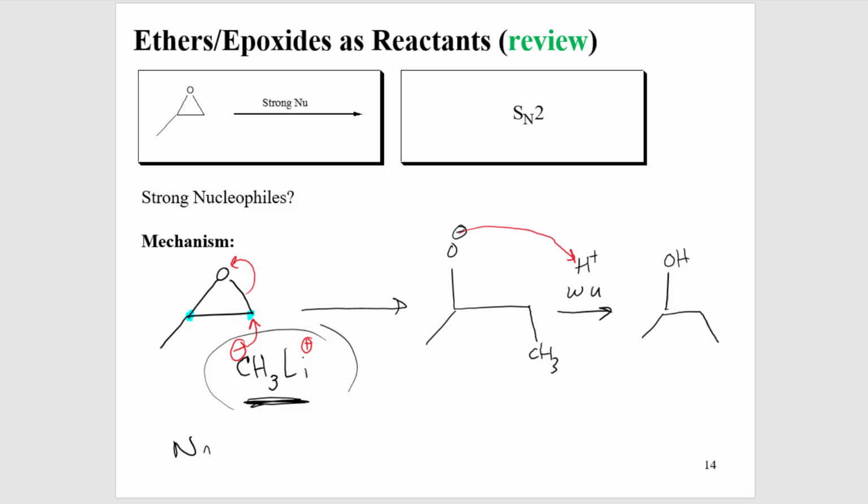I could use sodium methoxide. I could use phenyl thiol, or the deprotonated version of it, sorry. Right? I could use a Grignard, right? Strong nucleophiles, strong negatively charged systems.